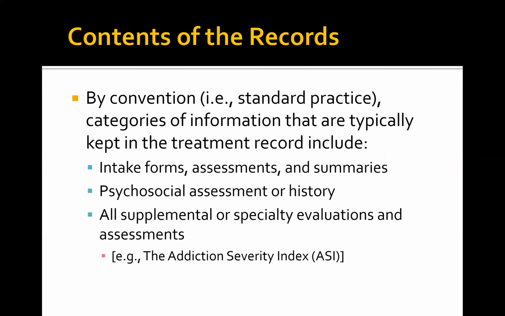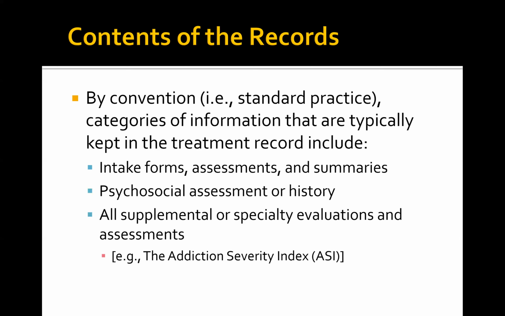Now, by convention, so convention means standard practice, not necessarily written down as a must, but this is typically what most treatment agencies are going to include. These types of things are in the treatment record. So intake forms, intake assessments and summaries, integrated treatment summaries, integrated assessment summaries are included. A psychosocial assessment or history.